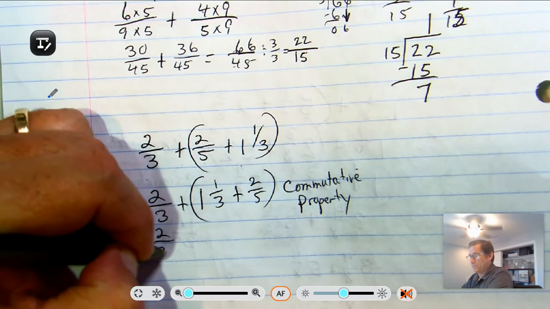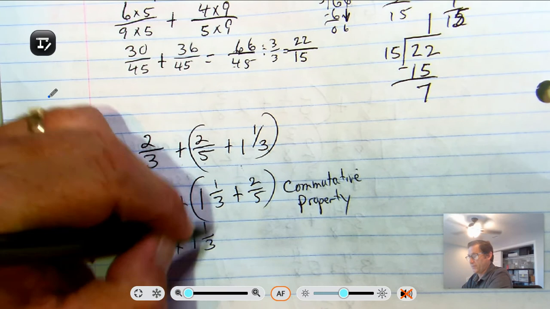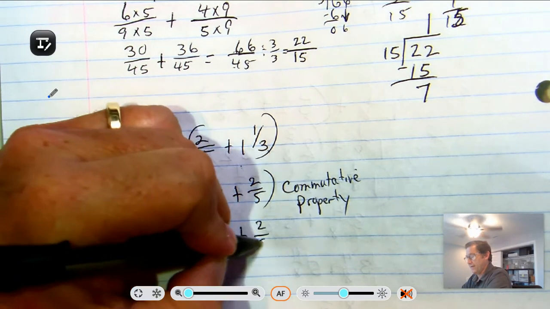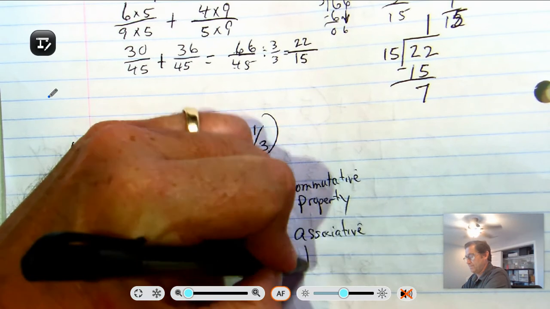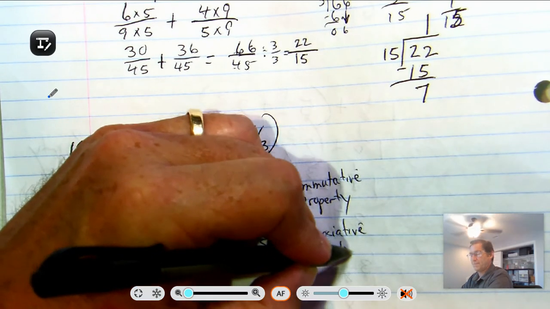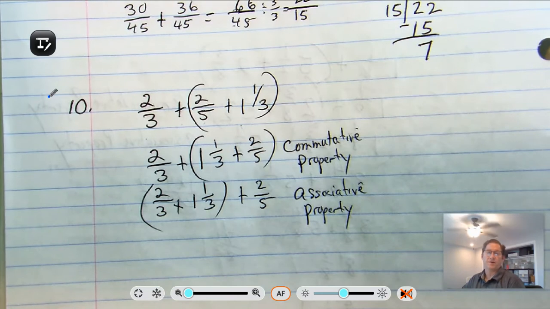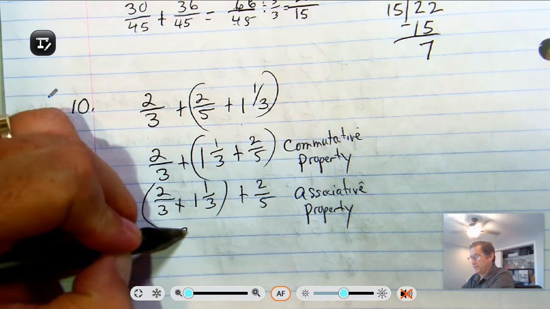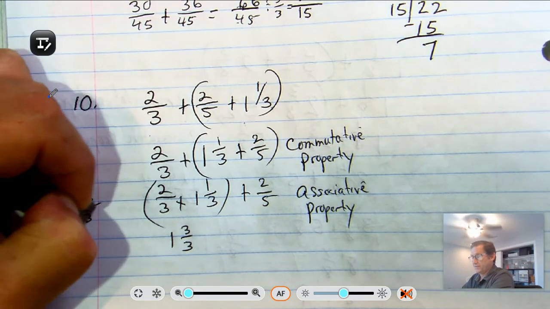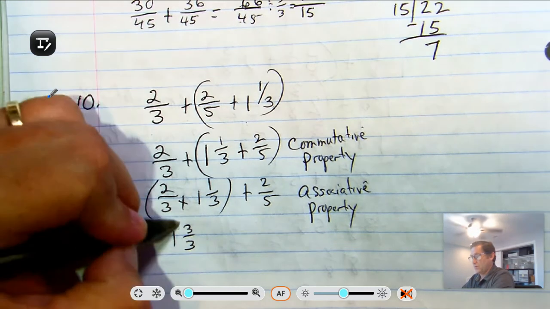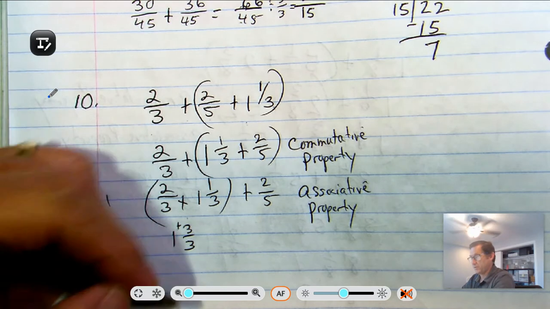And I'm now going to regroup so that the thirds will get added first. And that's using the associative property. 2/3 plus 1/3 is 3/3. We know that 3/3 is the same as 1.